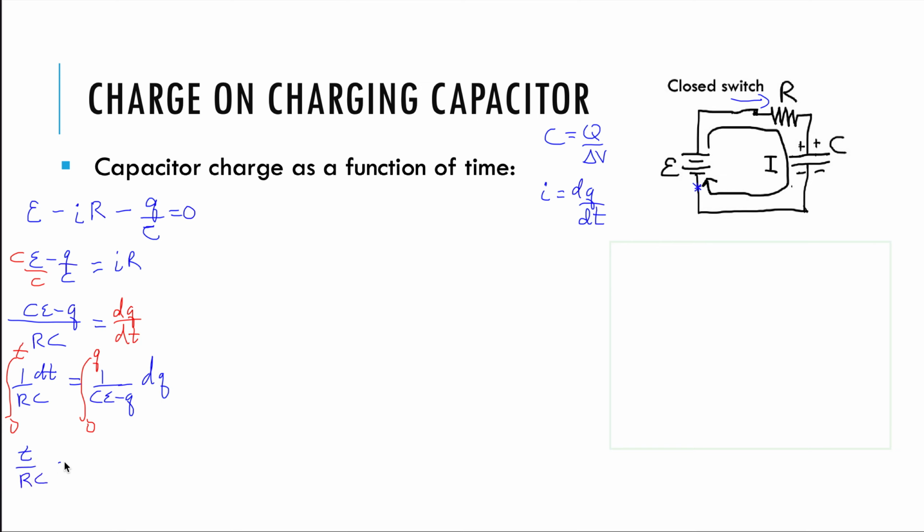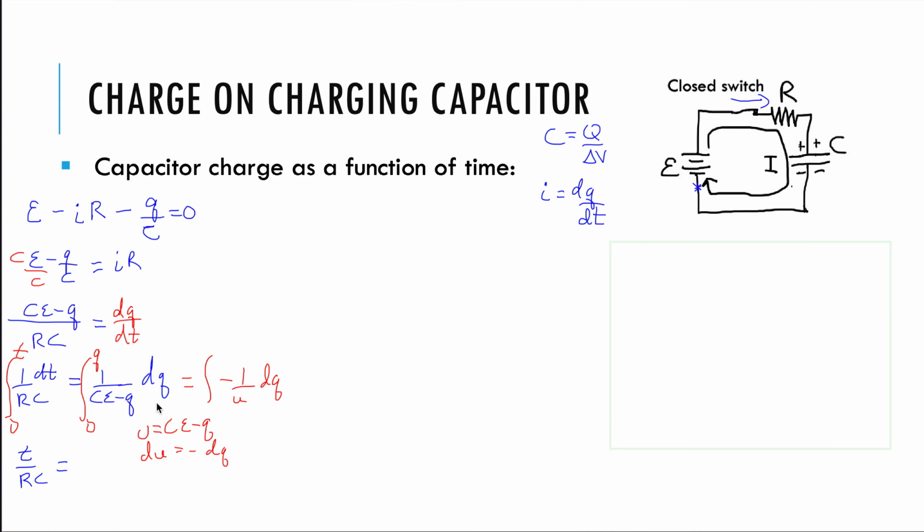And then on the right-hand side here, we're going to integrate by substitution. We can do u is equal to CE minus q. So that means that du equals negative dq. So we're going to have the integral of negative 1 over u dq.